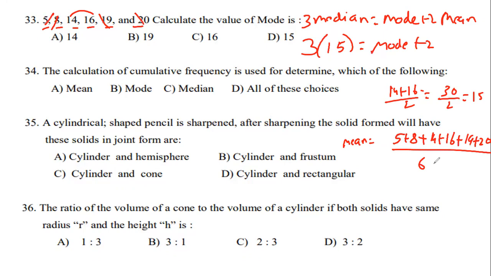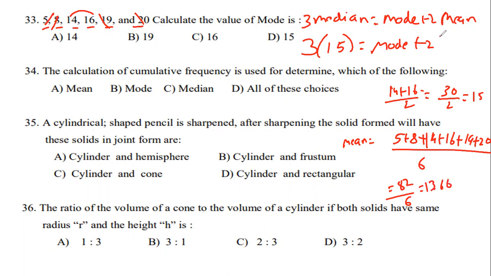Now add the numbers. 5 plus 8 plus 14, this one is 14. Okay. 14 plus 16 plus 19 plus 20, which is equal to 82, divided by 6. So 82 divided by 6 is 13.66.